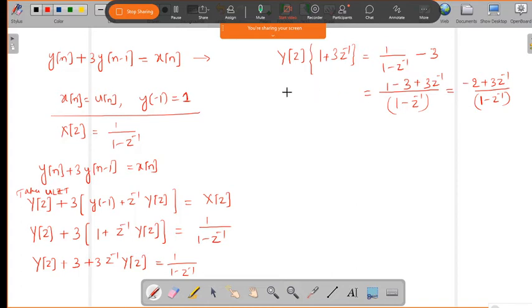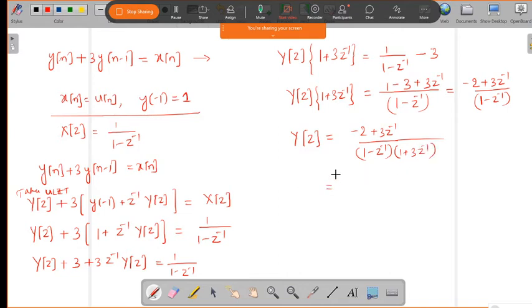So now here y of z, you are getting it as 1 plus 3 z inverse. So now what is your y of z? Y of z is given by minus 2 plus 3 z inverse divided by 1 minus z inverse into 1 plus 3 z inverse.